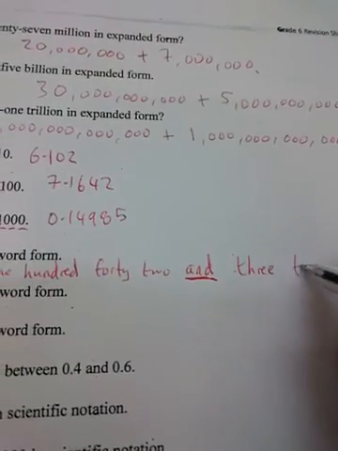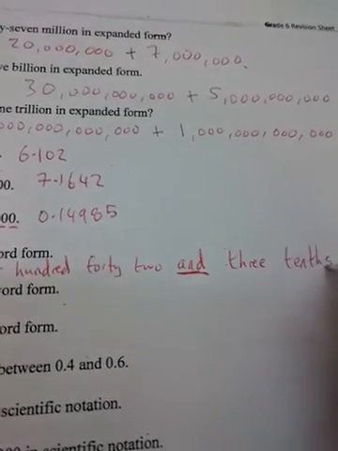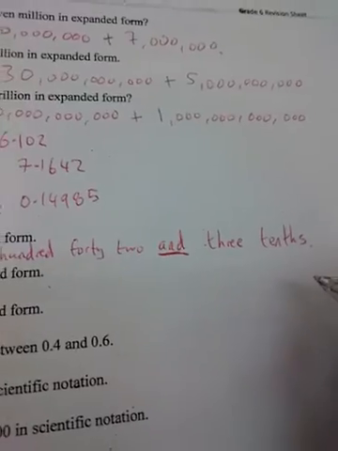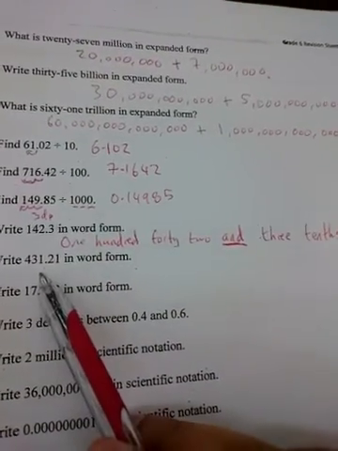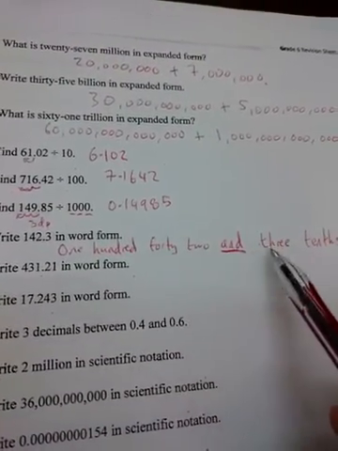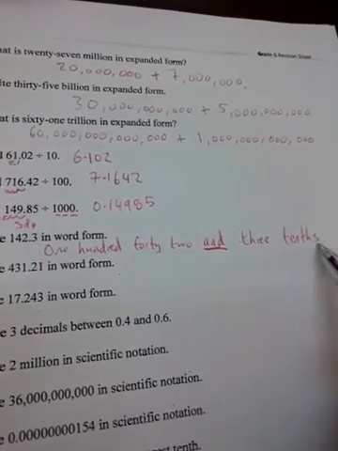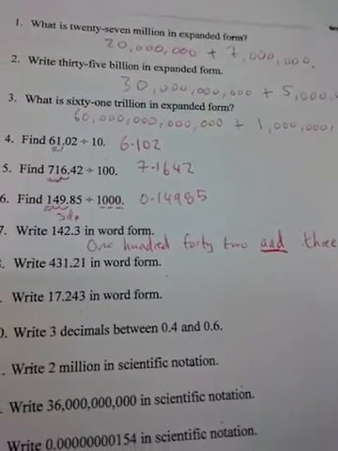Therefore we finish it off with 3 tenths. And when we're writing decimal places in word form, the last word is always the place value.